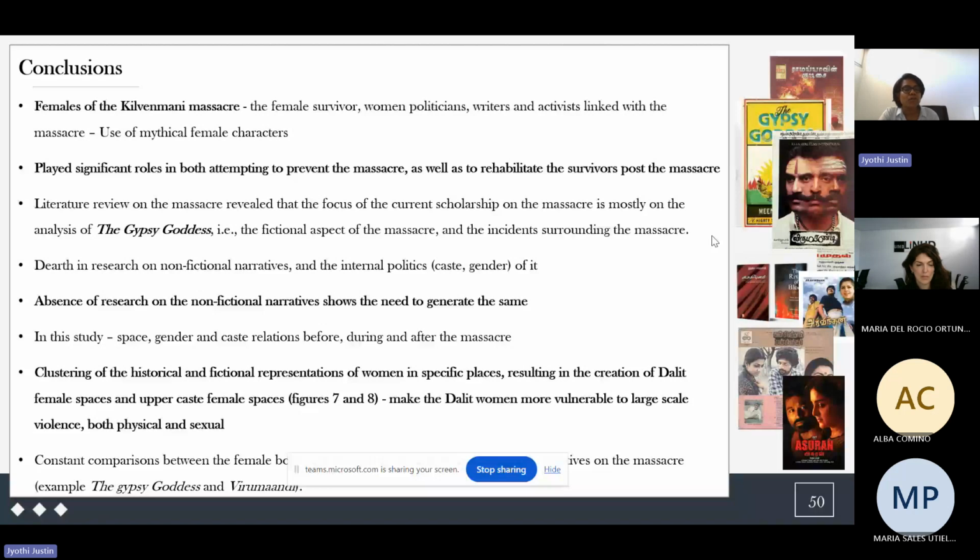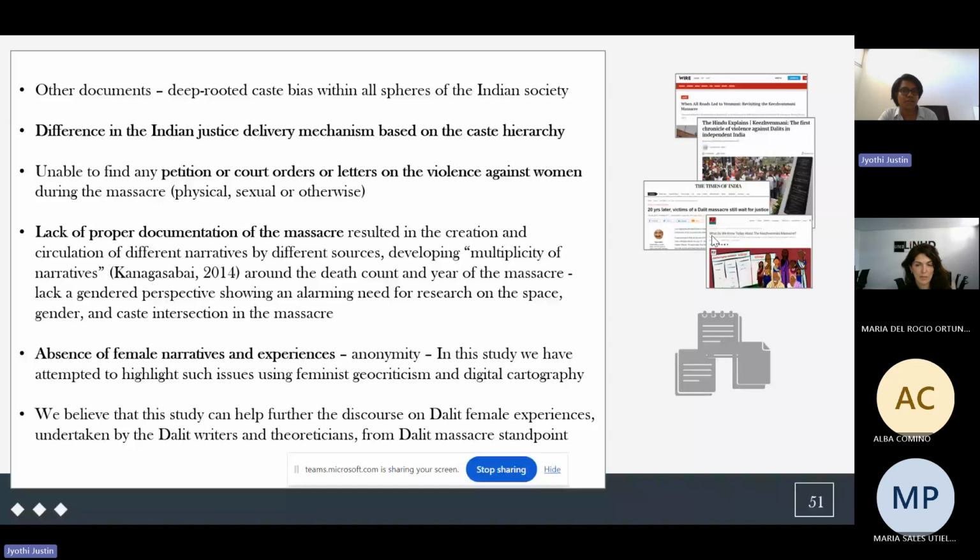And one way to overcome this will be to eliminate the space, caste, and gender relation, especially in the location of Dalit women in India. And on deeper analysis of newspapers and court orders, we found that there is a difference in the Indian justice delivery system, especially based on caste hierarchy, as most of the culprits who initiated the massacre were left unpunished.